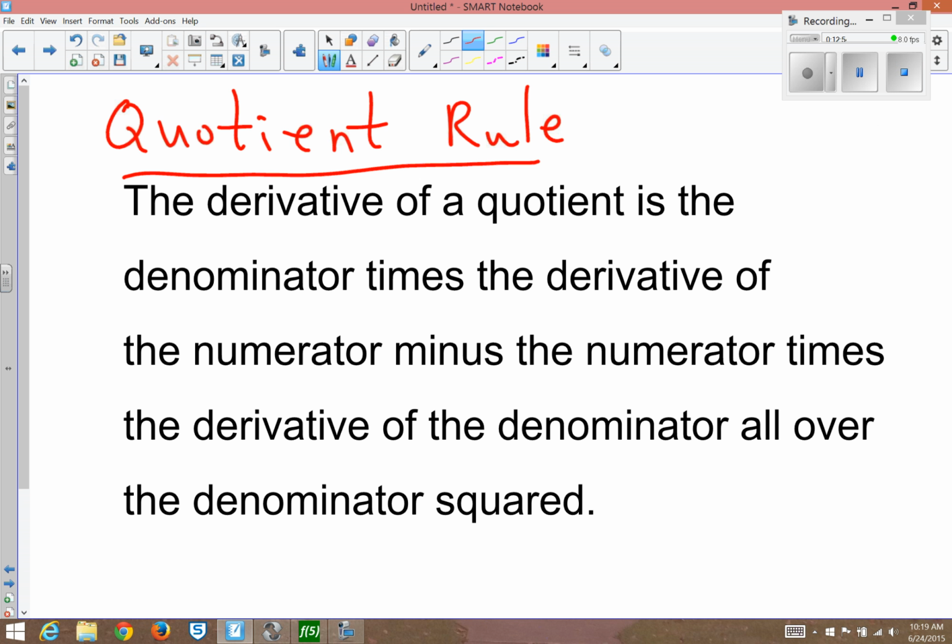You need to memorize this sentence. The derivative of a quotient is the denominator times the derivative of the numerator minus the numerator times the derivative of the denominator all over the denominator squared.